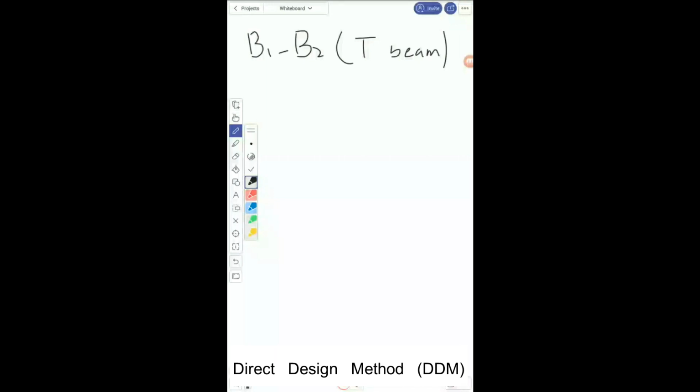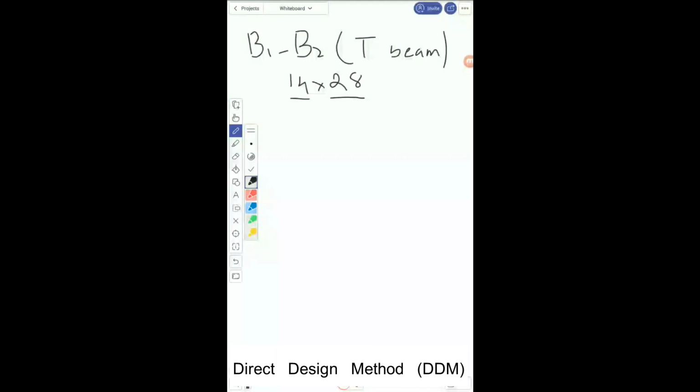The first one is BW plus 2 into H minus T, and the second is BW plus 8 into TF. So we're going to calculate this one. The beam is 14 cross 28. Just for your information, I'm going to draw it. 14 cross 28, and the slab thickness is given as 6.5 inches. So 14 cross 28 means this is the width of the beam and this is the depth of the beam.